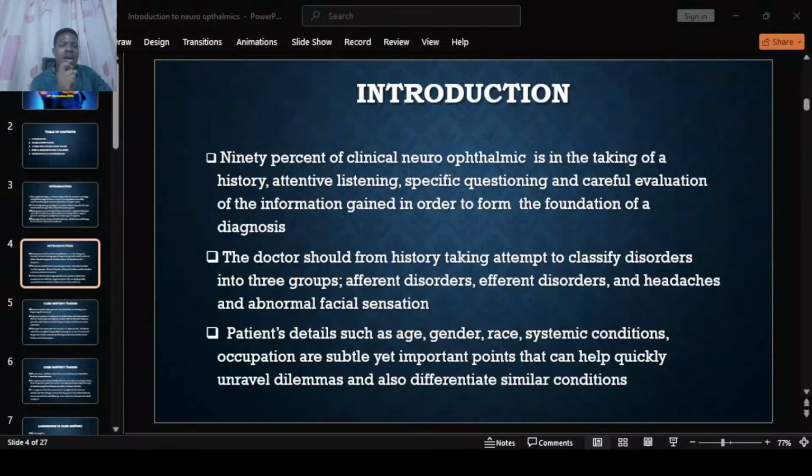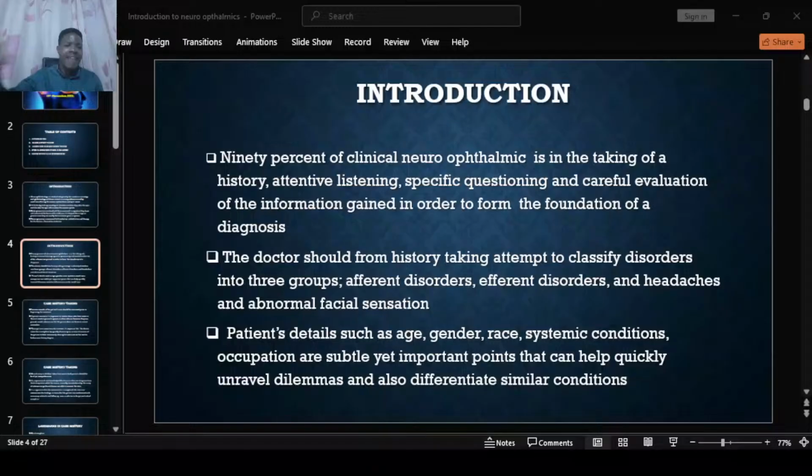So afferent pathways are important, and we should be able to categorize the cases we see as neuro-ophthalmic cases into these three categories: afferent, efferent, and then headache and abnormal facial sensations. There are pathologies that we see more in that aspect.